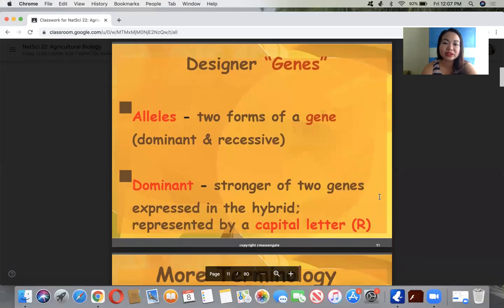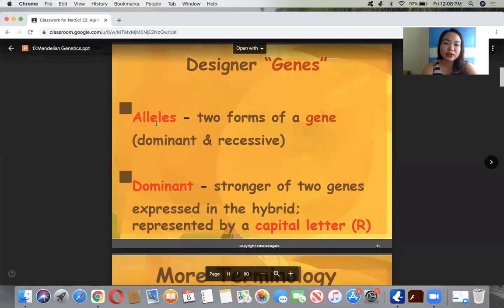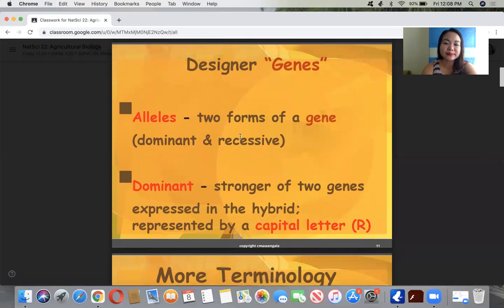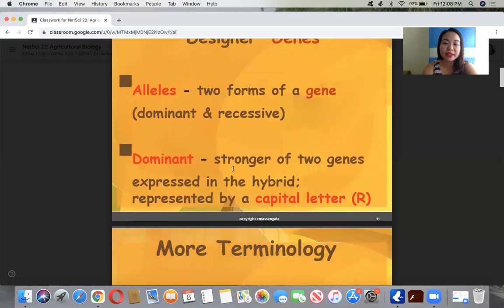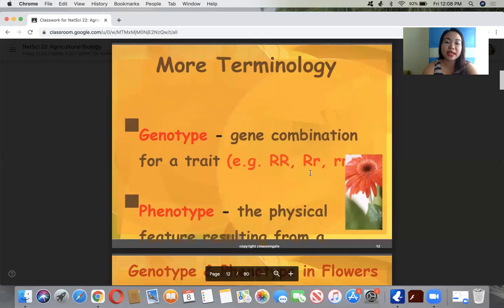Alleles are the 2 forms of a gene, which can be dominant or recessive. The dominant is the stronger of 2 genes expressed in the hybrid, represented by a capital letter R. Genotype is a gene combination for a trait, like double capital R, one capital R and one small r.